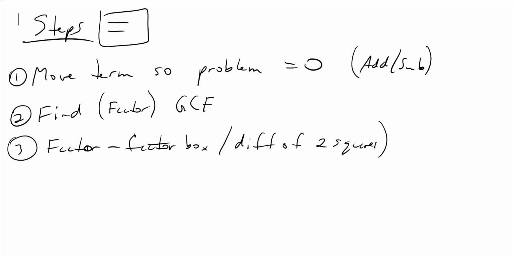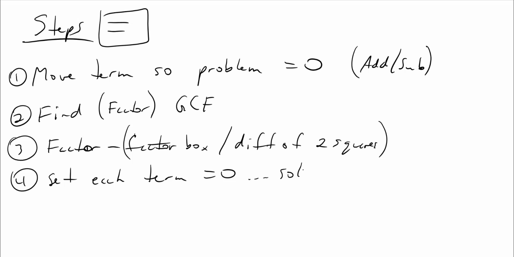Really one of those two. And then the fourth step is set each term equal to 0 and solve. Okay, those are your 4 steps. If you follow those 4 steps, you're going to be good to go. If you don't follow those 4 steps, then you're going to cry and you're going to go through a lot of Kleenex, and it's just going to be bad.